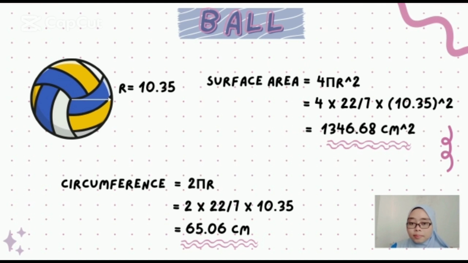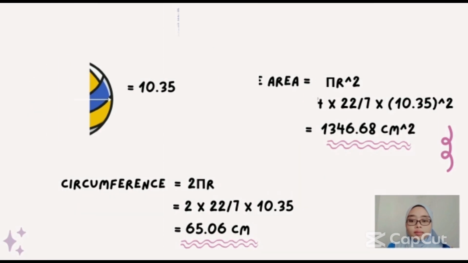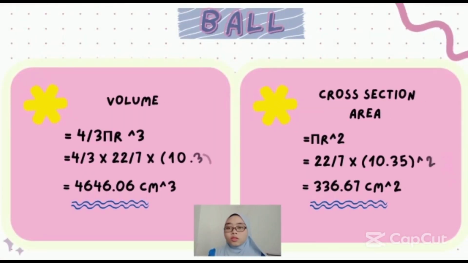65.06 cm. For the surface area, we use the formula 4 pi r squared, equals 4 multiplied by 22 over 7 multiplied by 10.35 squared, equals 1346.68 cm squared. For the volume, we use 4 over 3 pi r cubed. So 4 over 3 multiplied by 22 over 7 multiplied by 10.35 cubed equals 4646.06 cm cubed.